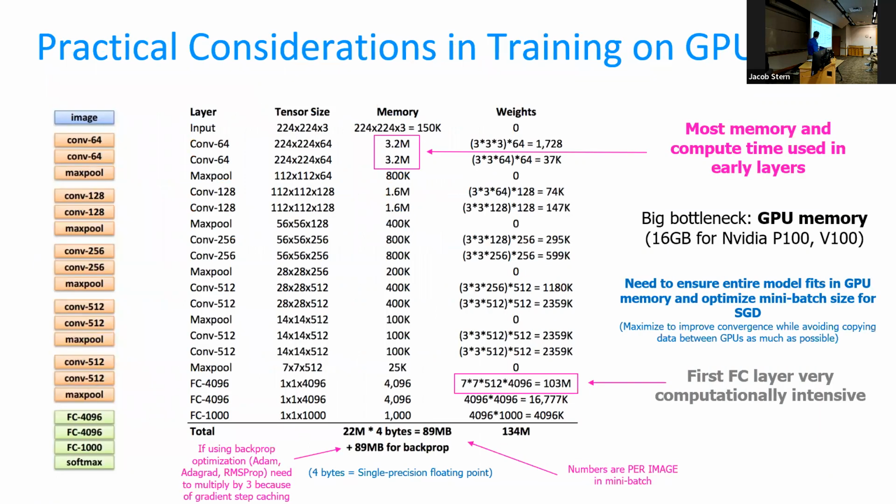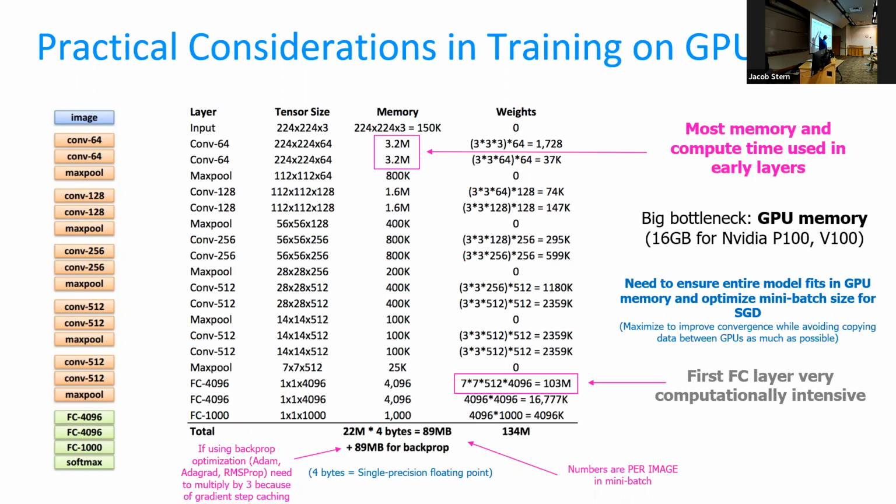Okay, so let's talk about memory for a little bit. Let's try to figure out what everything in this diagram says. Here we have the names of each of the layers. The number following the layer indicates the number of input channels to that layer.